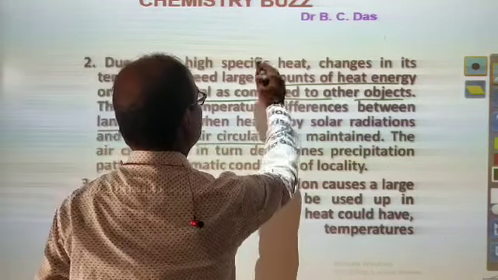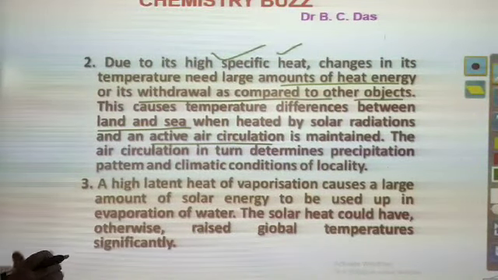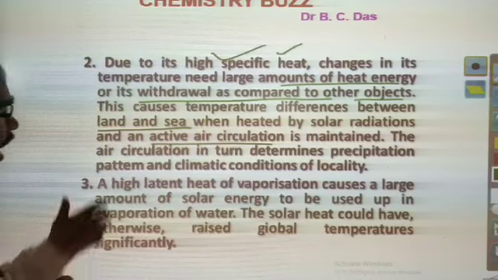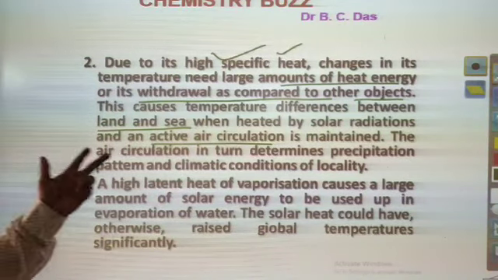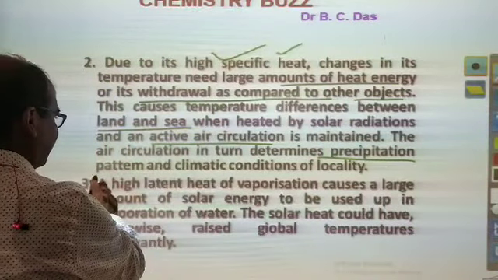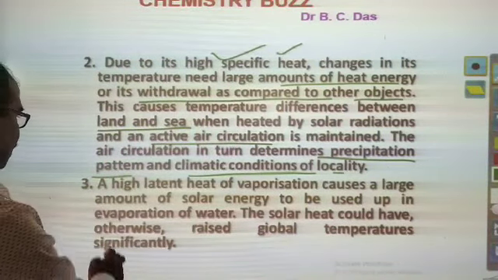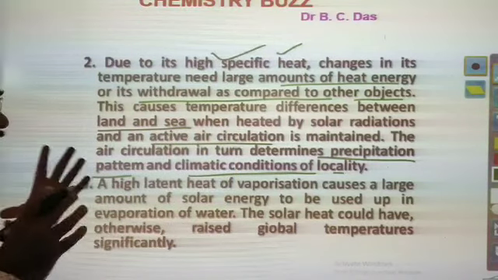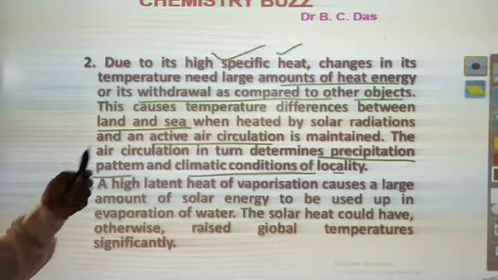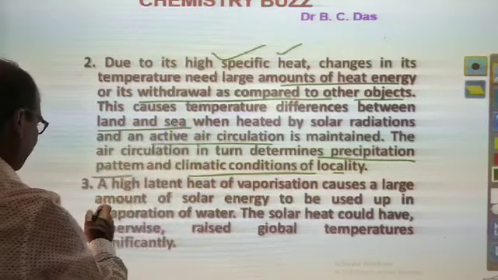The air circulation in turn determines precipitation, that is rain, the precipitation pattern and climatic condition of a locality. So the specific heat of water is mainly responsible for the precipitation, the active air circulation, the climatic condition, and so many things. This is a property of water.